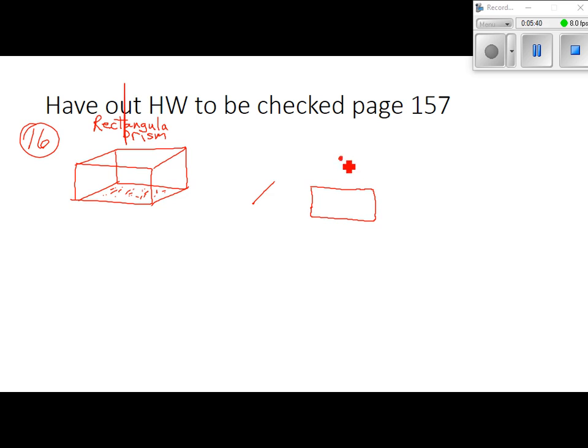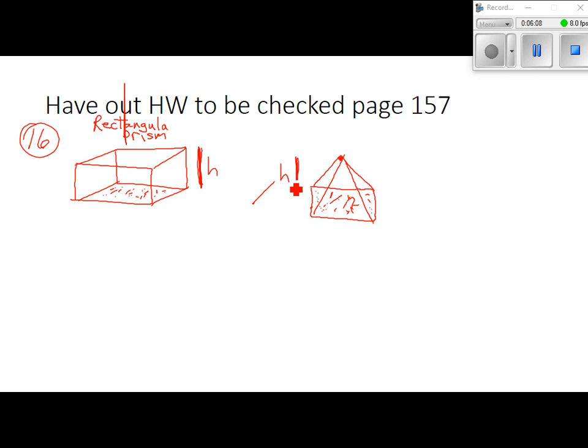Might not be. We'll go with it though. And then they're both supposed to be the same height. So this is our base on this. That one down there, that's our base. And our heights here, this height and the height of the pyramid here are supposed to be the same.